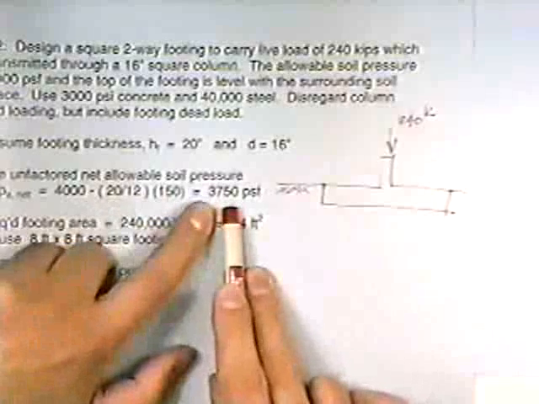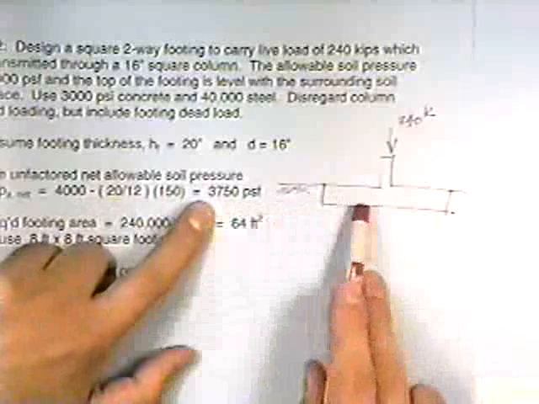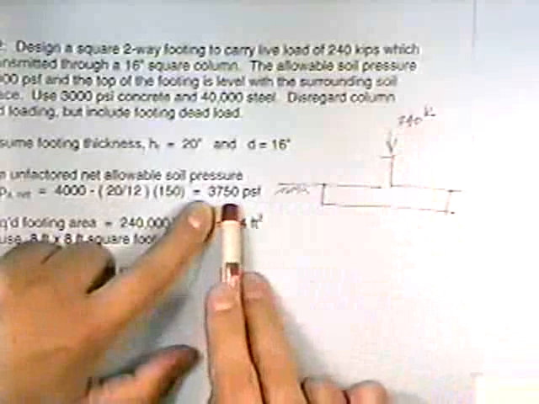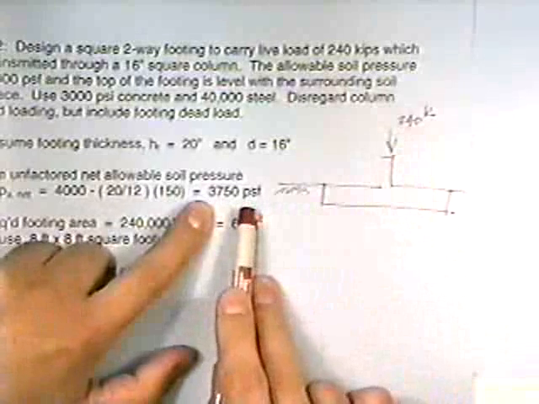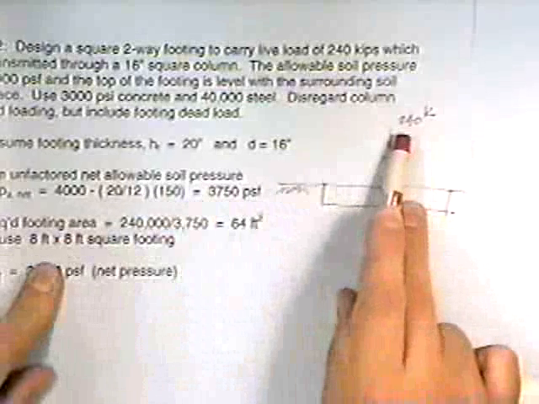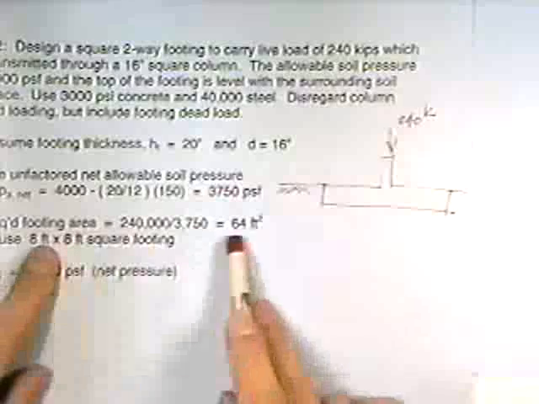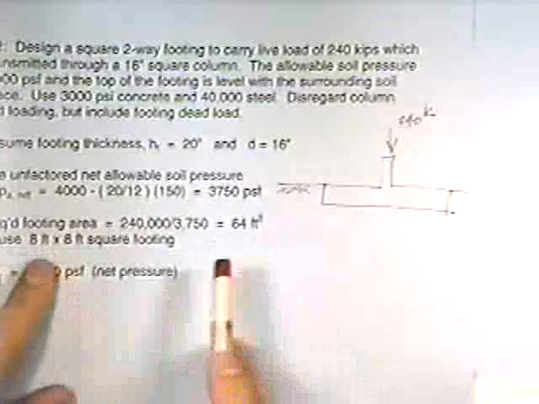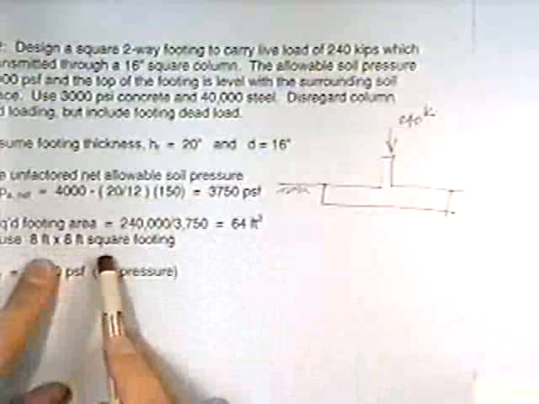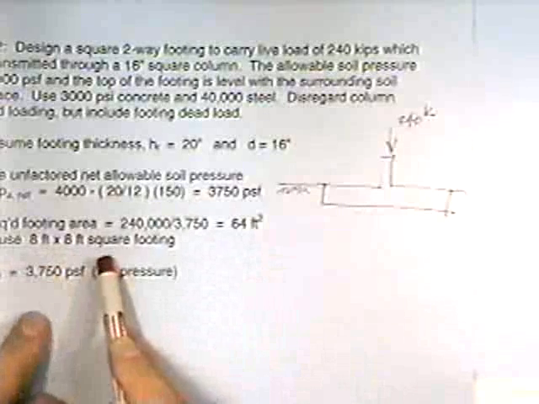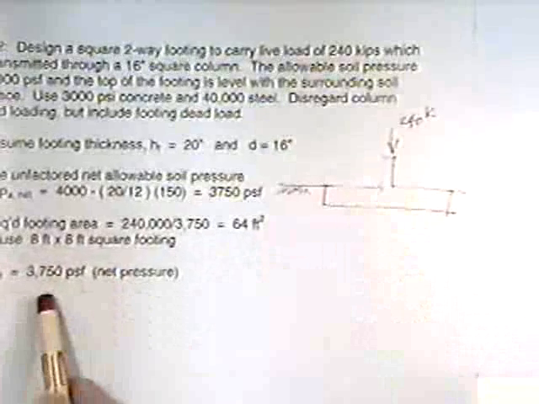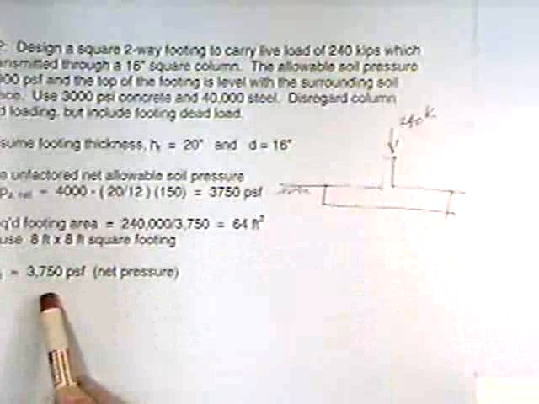This says that the net pressure that we can put on this footing from the 240 kips is 3750 PSF. Alright? And if P is equal to 240, the required area turns out to be 64 square feet. So what we can select is an 8 foot by 8 foot square footing. Alright? And the actual pressure from this footing onto the soil turns out to be 3750.